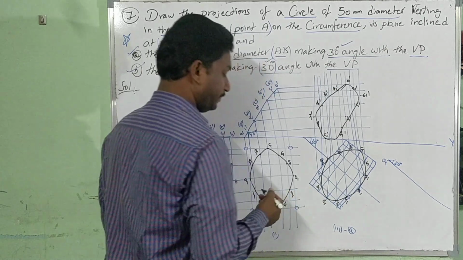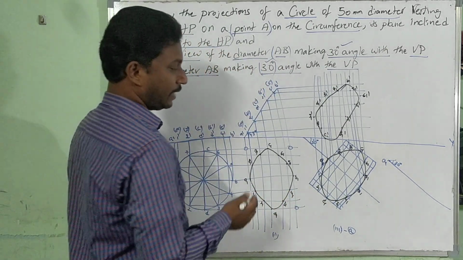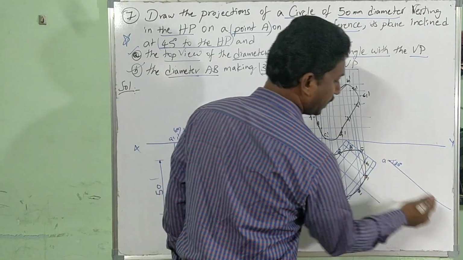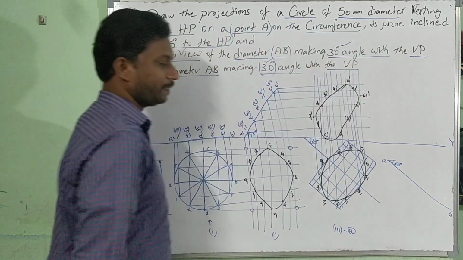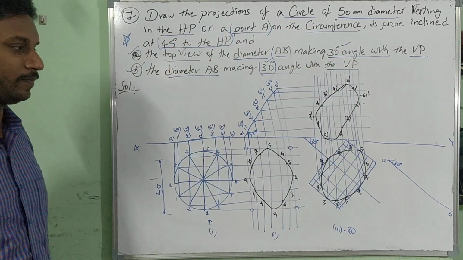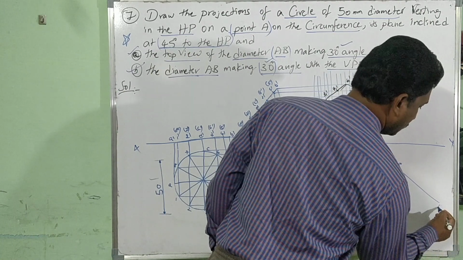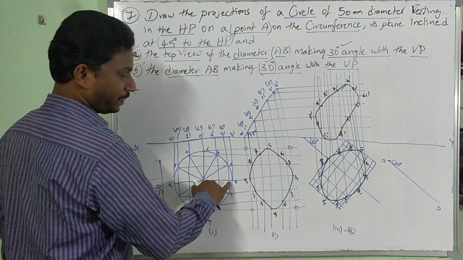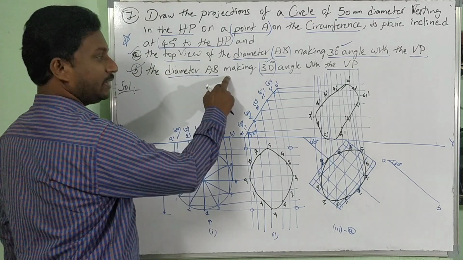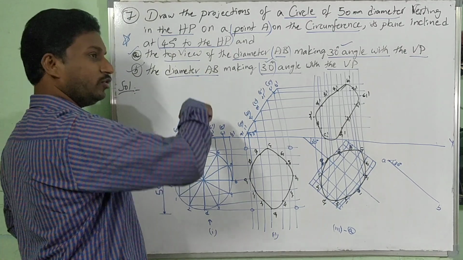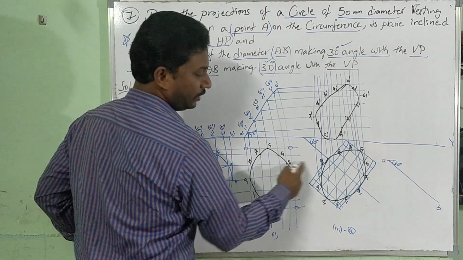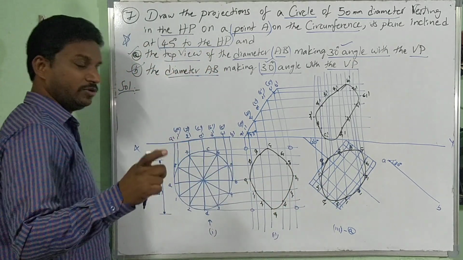Of what length? See, I am not drawing it as A1B1, I am drawing it as AB. Why? Because AB is 50 mm. He is telling diameter AB, so top view AB is 50 mm. But here it's A1B1, it's reduced.